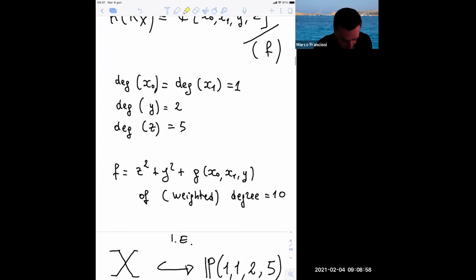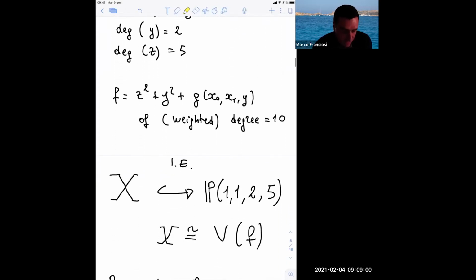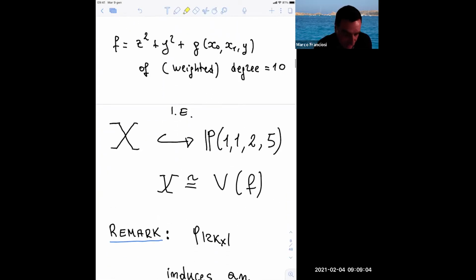What does it mean? Another way to see this description of the canonical ring is that we have an embedding of X in the weighted projective space P(1,1,2,5), and X is isomorphic to the variety defined by this equation f.